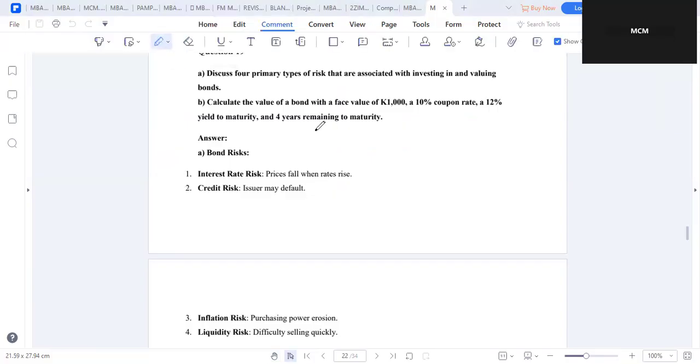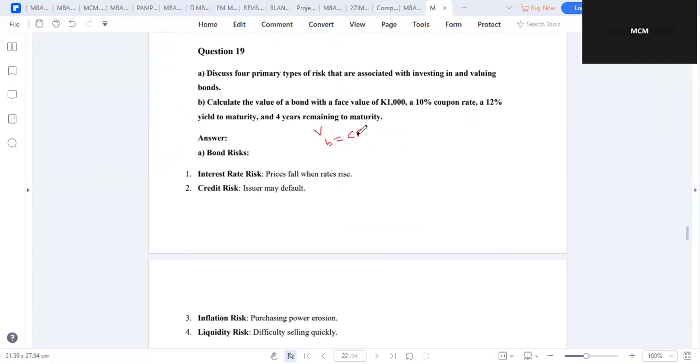So the value of the bond will be the cash flows over 1 plus R to the power n, plus the maturity value itself in the final year over 1 plus R to the power n. It's a 4-year bond. So in year 1, you're going to have the coupon interest. 10% coupon interest is 100. Just say 100.